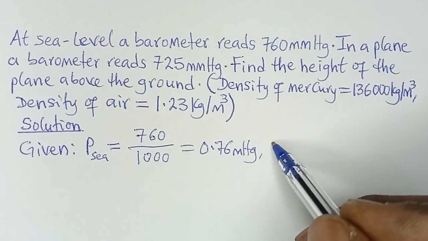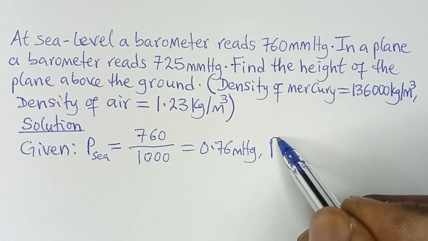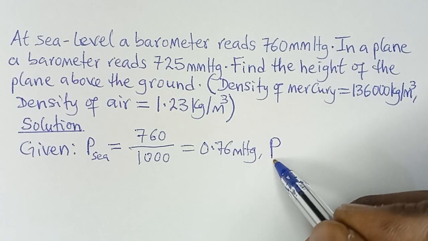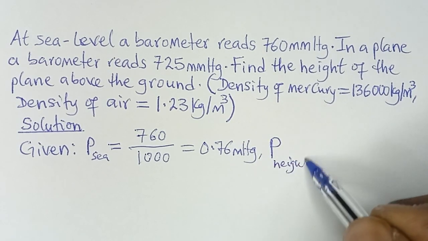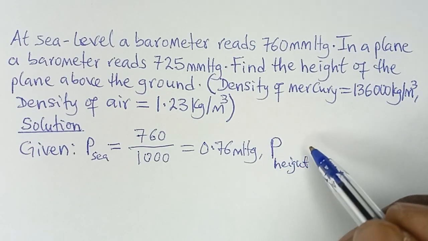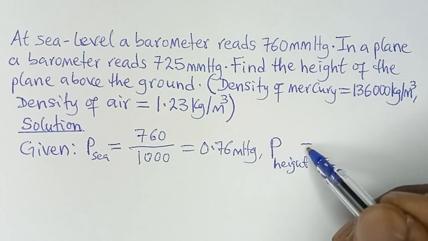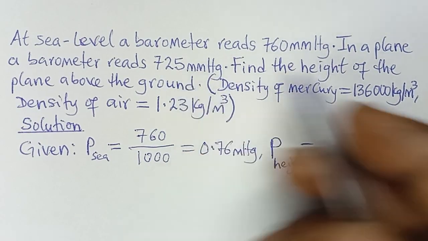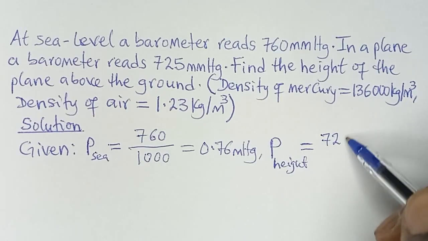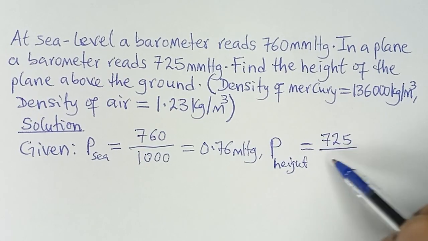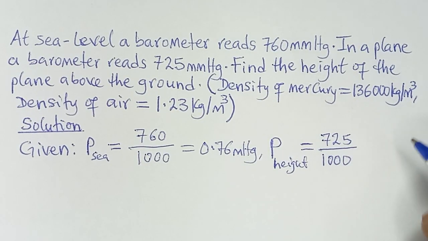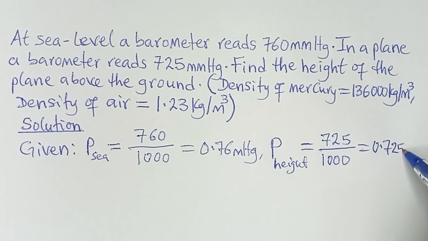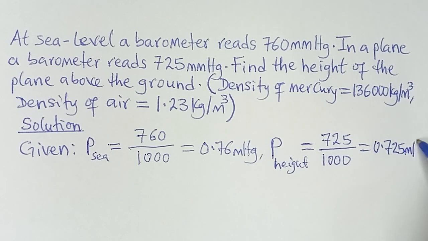So we are going to take that as the pressure at height, because the airplane is up above the ground. So that will be, as usual, 725 divided by 1000, because we are converting it to meter mercury, and that will give us 0.725 meter mercury.